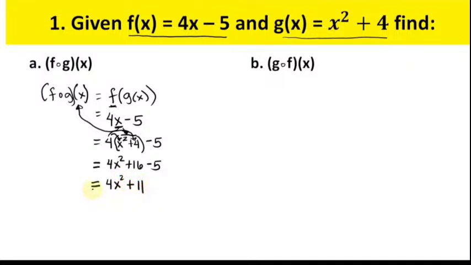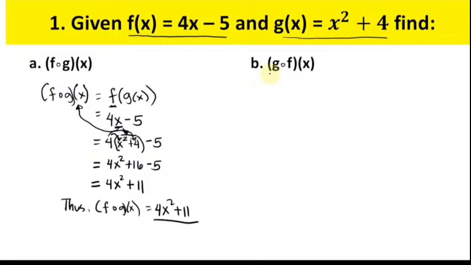Okay, so ito na yung value natin. So thus, the composition of f with g of x equals 4x squared plus 11. So, i-replace lang natin yung value ng x sa value ng g of x.